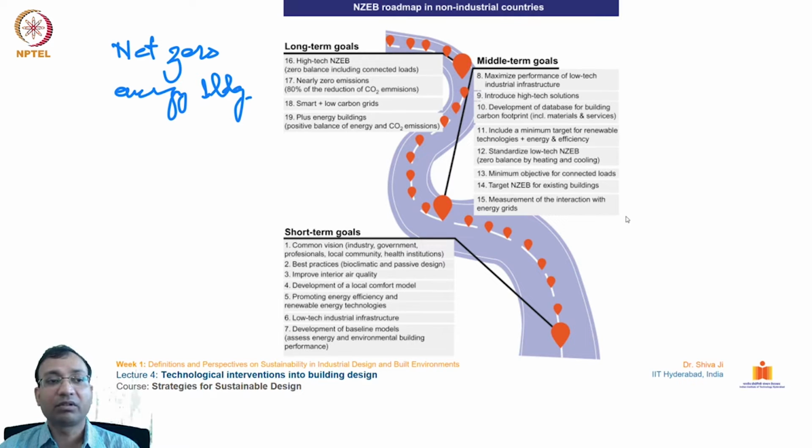The seventh one talks about development of baseline models, to assess energy and environmental building performance. If we create one base model, or a base case for a building which gives us optimal performance on energy harvesting and energy utilization, that model can be emulated in that microclimatic region.